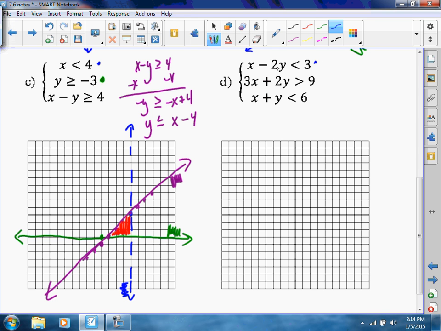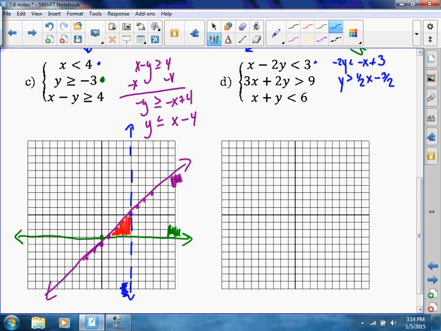So for this first equation, I'm going to have to subtract the x over. So negative x plus 3. And then I'm going to divide everything by negative 2. So that's going to flip my sign. Now negative 1 divided by negative 2, remember that's 1/2. And then I'm actually going to get, oh my goodness, negative 3/2.